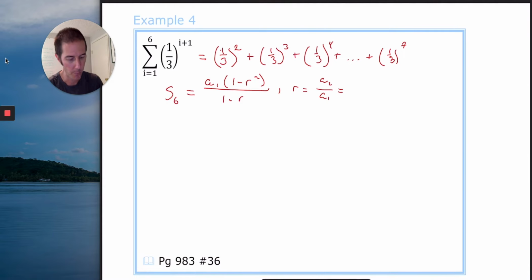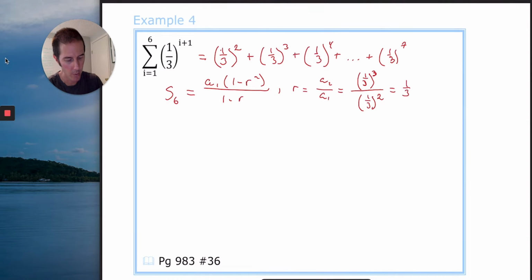Super, good for you. I'm going to leave this in its kind of raw form as 1/3 to the 3rd power divided by 1/3 to the 2nd power. Notice that we have the same base in the numerator and denominator. Exponents, how do we simplify this? Upper exponent minus lower exponent, that's a 3 minus a 2.